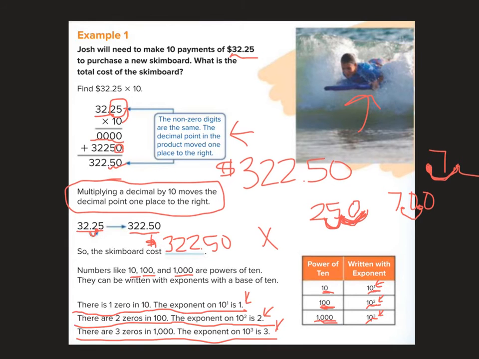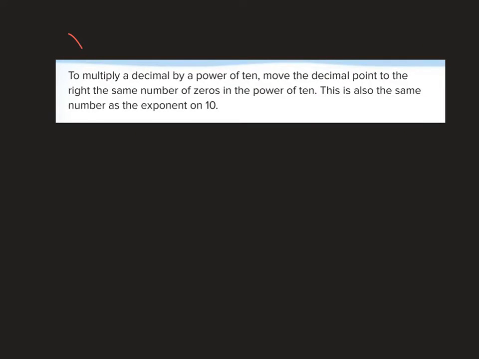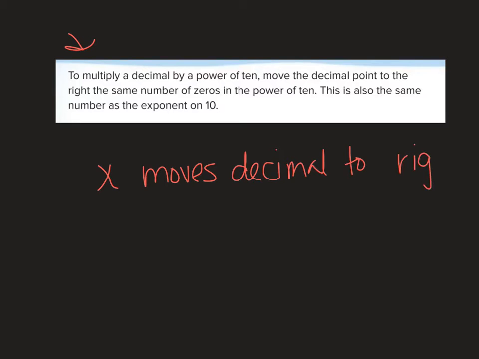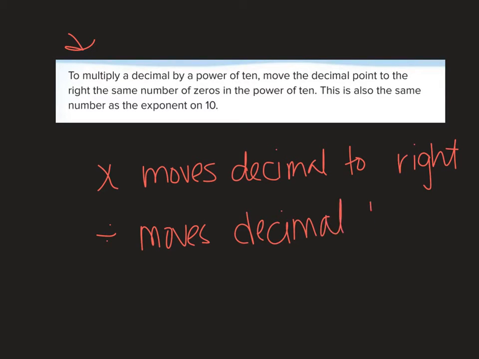Maybe we'll make that note on the next page, because we just have a little note here. So let's write this down. Multiplying moves the decimal to the right, and dividing moves the decimal to the left, for powers of 10 only.